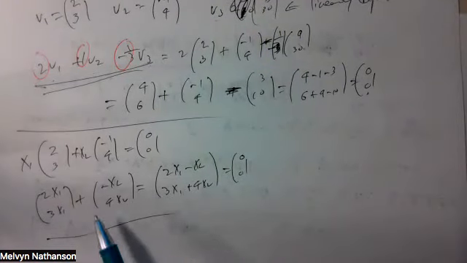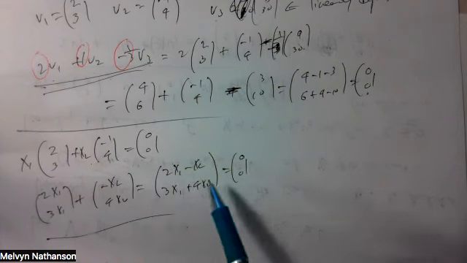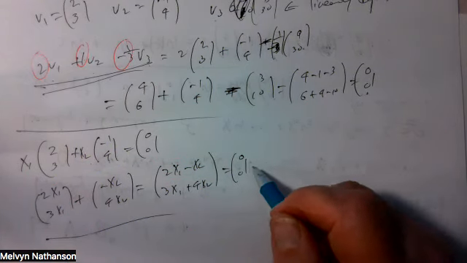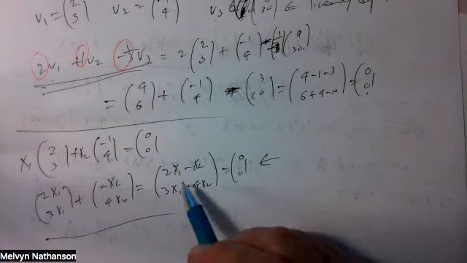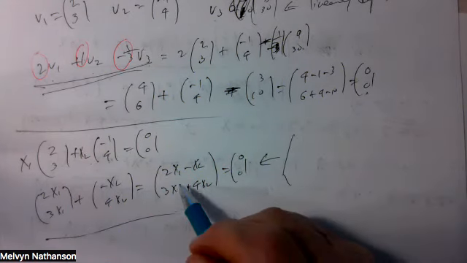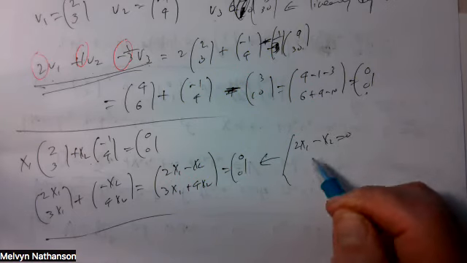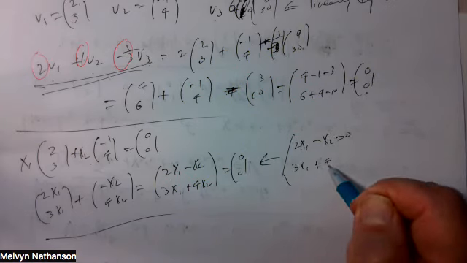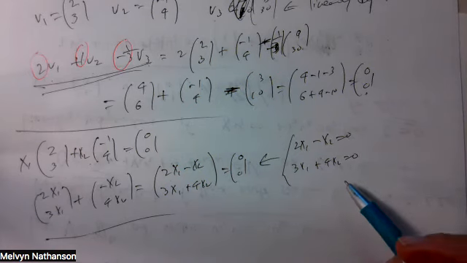So there's a solution of this vector equation, which is exactly the same as the system of equations 2x1 minus x2 equals 0, 3x1 plus 4x2 equals 0. So we have to solve these equations.